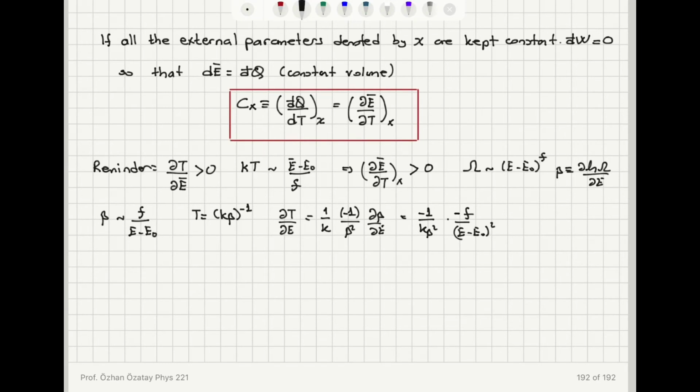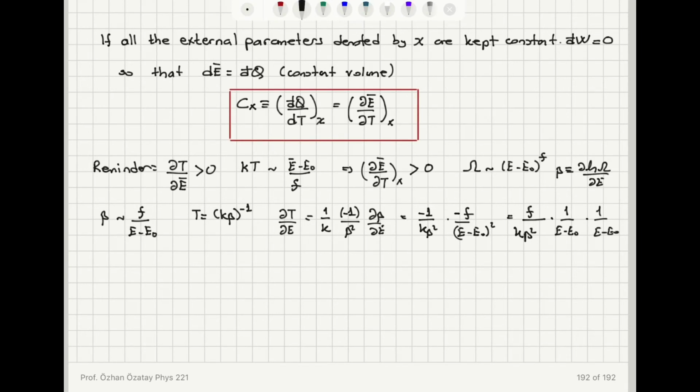So this is f divided by kβ² multiplied by (E − E0) times 1 over (E − E0).